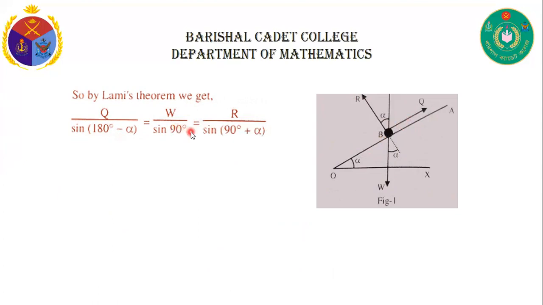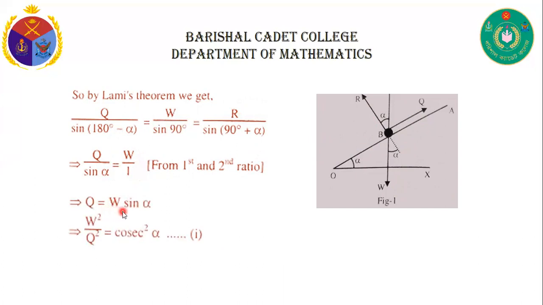So W divided by sine 90 degree equal to R divided by sine of the angle between Q and W, that is 90 degree and here it is alpha, that is 90 plus alpha. So from first and second condition, we can say that Q by sine alpha, we know that sine 180 minus alpha equal to sine alpha, equal to W by sine 90 equal to 1, so that's 1.